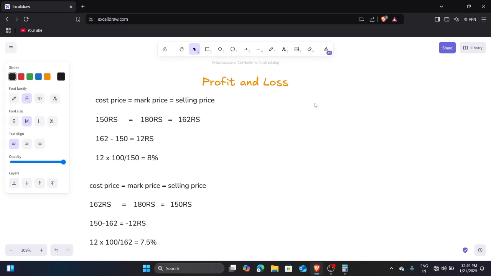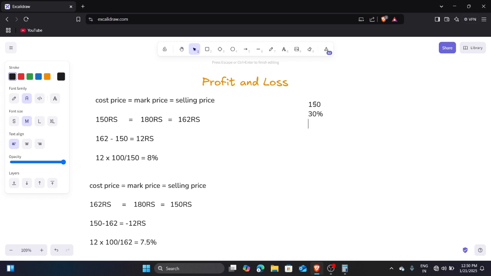So now the second concept would be, suppose the question is this: if the shopkeeper buys a thing at 150 and sells it with some 30% profit, he gets something like a 30% profit.